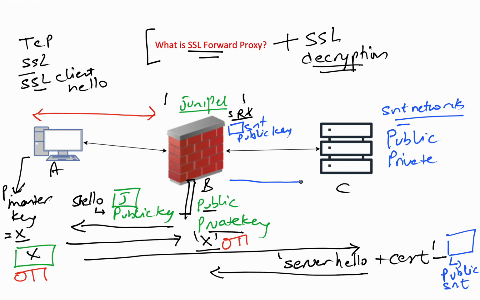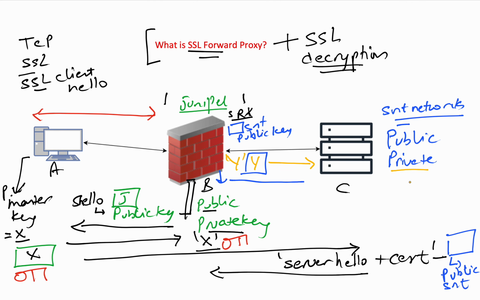So now, from here, it will create a different pre-master key called Y. This pre-master key will be encrypted using the public key of SNT networks, and it is sent over to the SNT network.